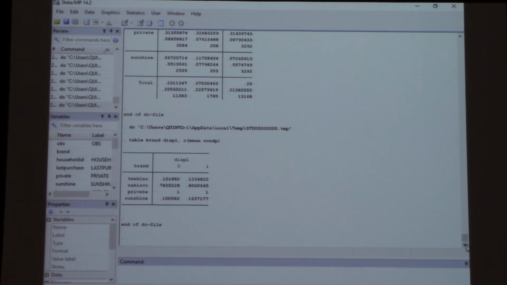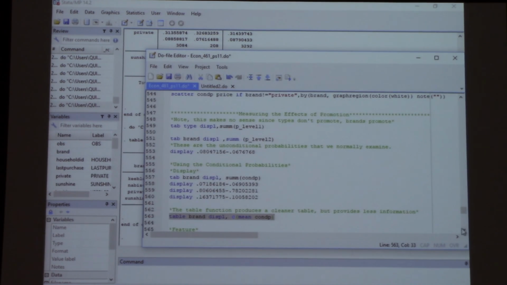Yeah, so this is going to be 10% versus 12%. 0.12 there. And then I would do the same table for feature.